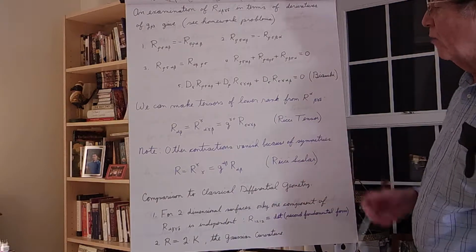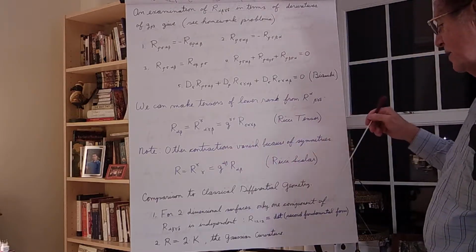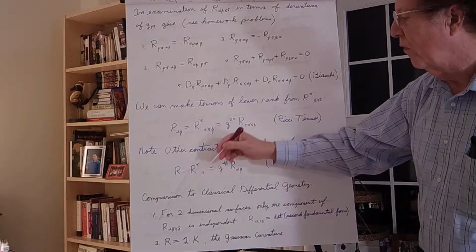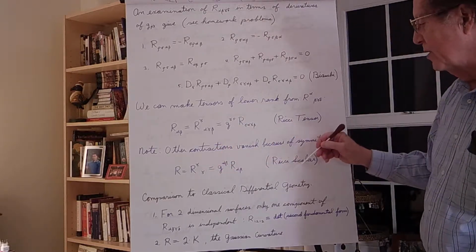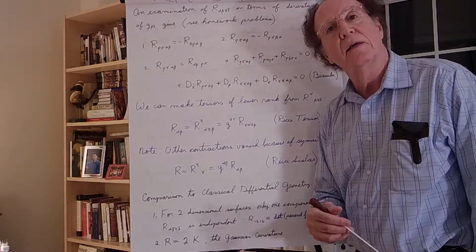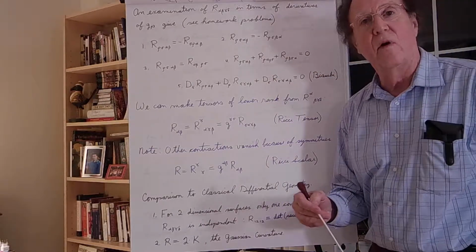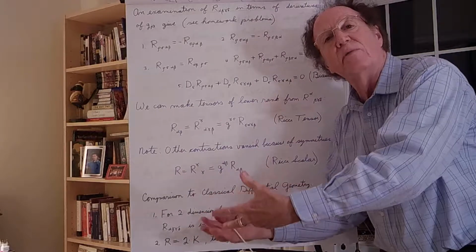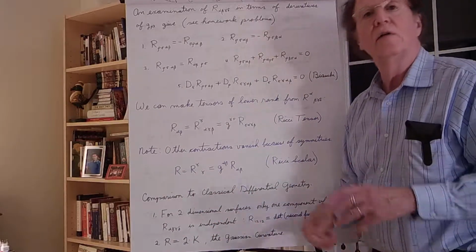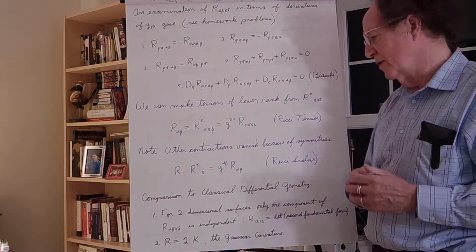I can say a couple of words about that. For example, we can go back to 2 dimensions, Gauss's world, and for 2-dimensional surfaces, only one component of the rank-4 Riemann tensor is independent. It's R1212, and we show in one of the appendices that in fact R1212 is nothing but the determinant of the second fundamental form. So we relate all of these Riemannian geometry constructions to constructions that we're comfortable with in the context of classical differential geometry.